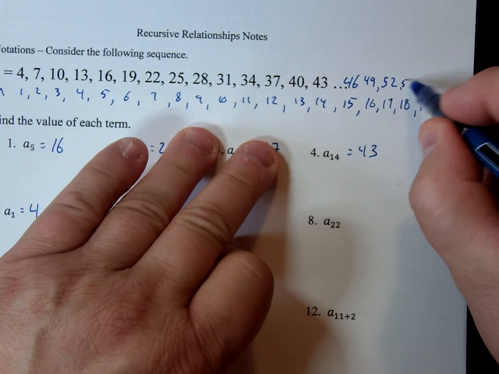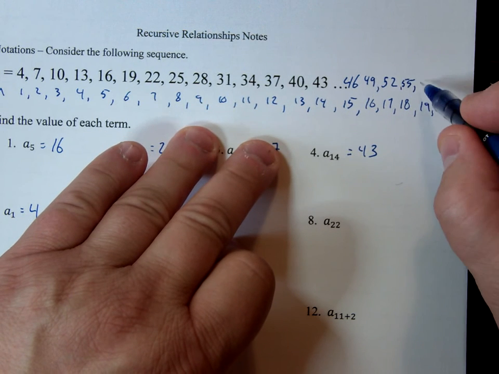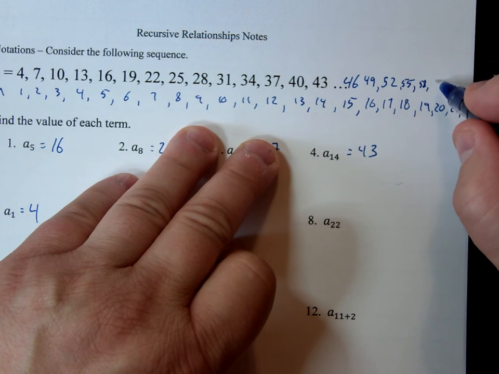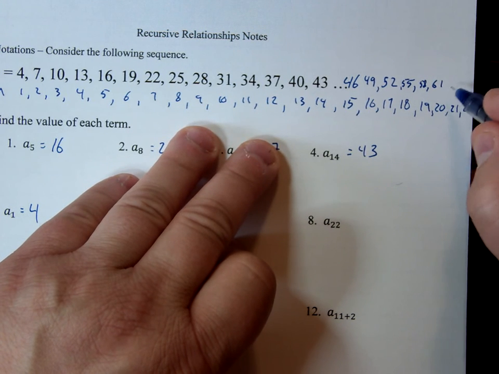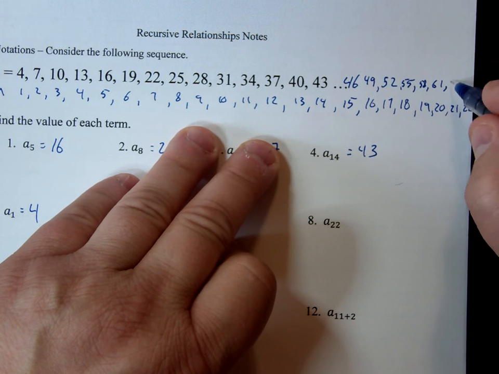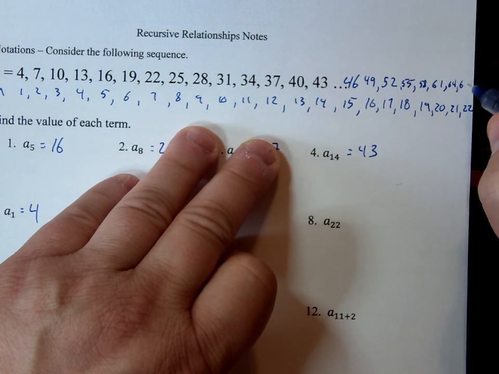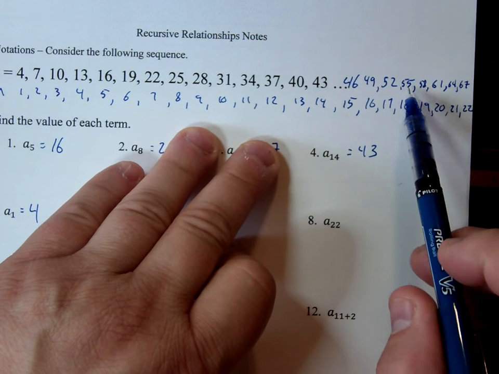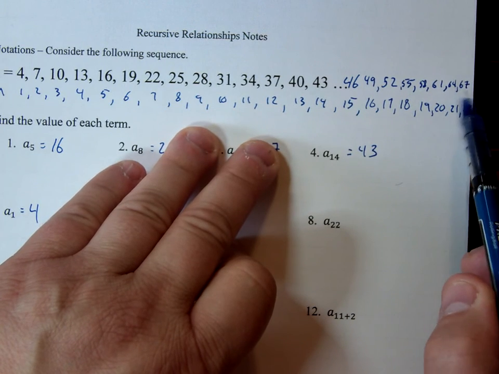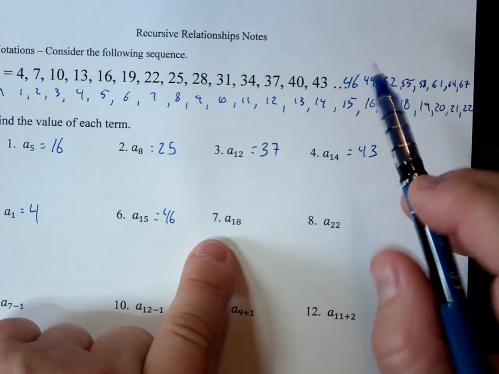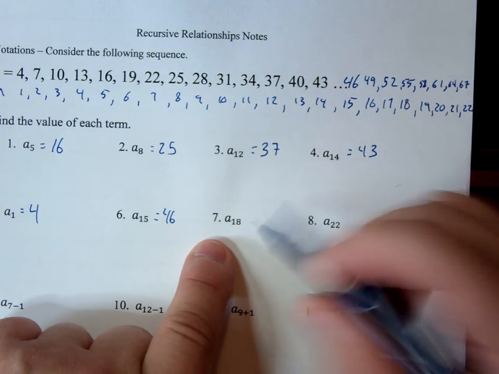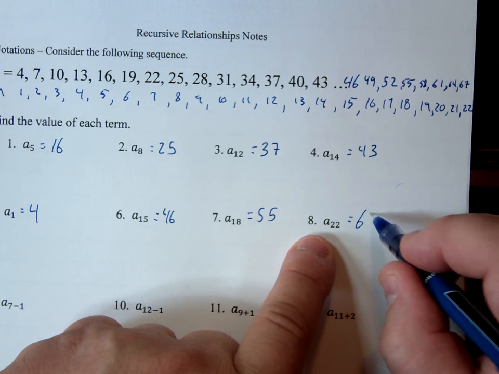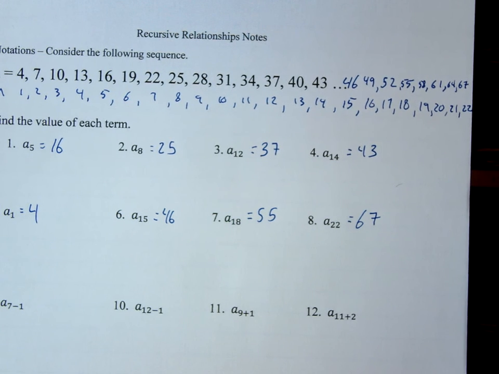So 55, and 3 more would be 58. 3 more would be 61. 3 more would be 64, 67. So that was 15, 16, 17, 18, 19, 20, 21, 22. So the 18th term was 55, and the 22nd, 67. All right.